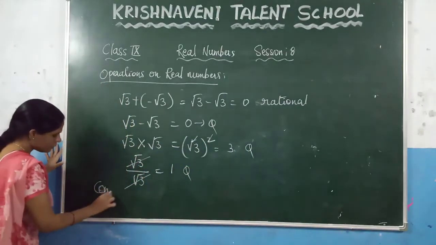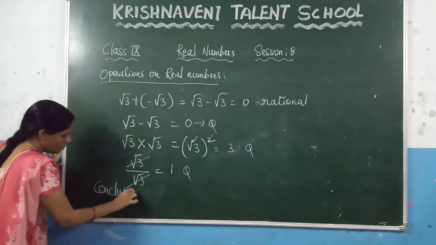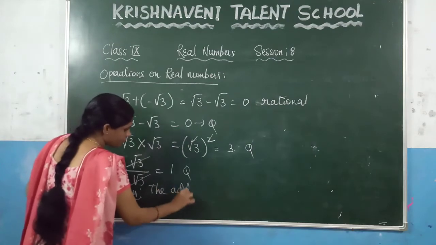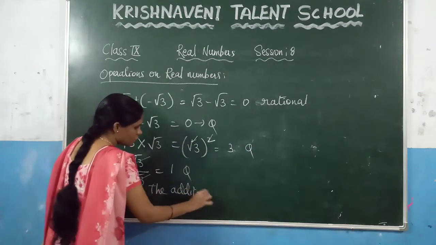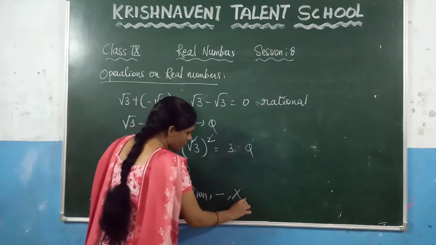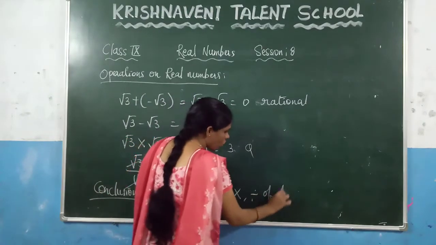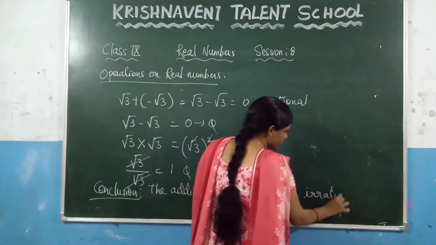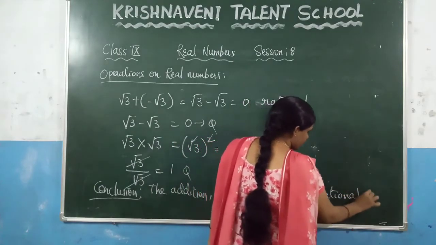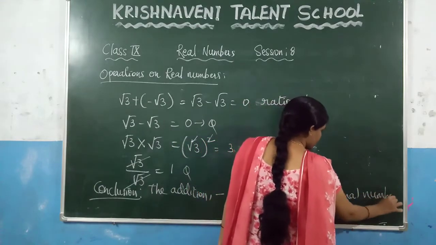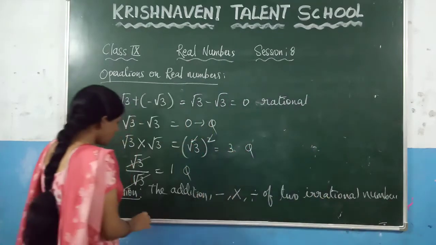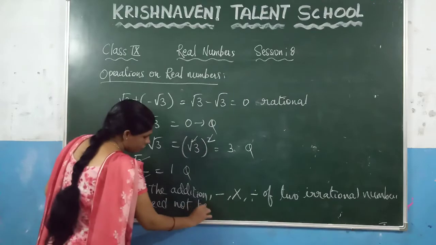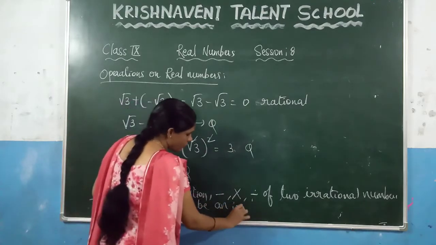Write it: the addition, subtraction, multiplication, division of two irrational numbers need not be an irrational number.